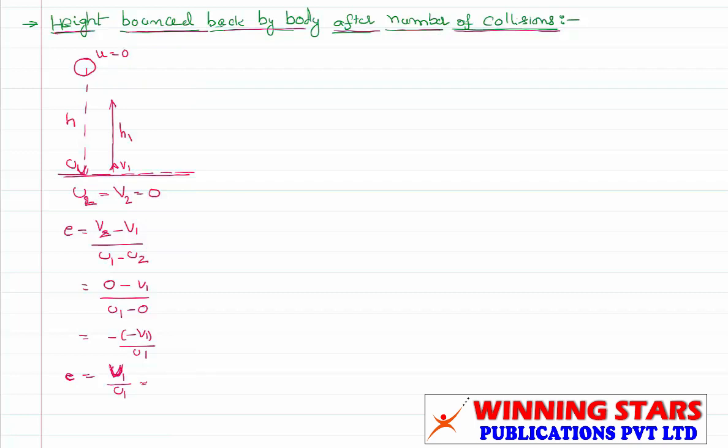Using the kinematics equation, v1 can be written as root 2g h1, and u1 can be written as root 2g h.